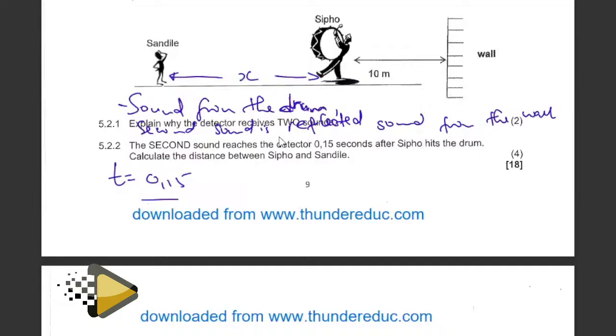So what we need to know is that the sound is going to move, and it's also going to move before it moves that side. So that is more like it travels 20 meters plus the additional, which is X. I don't know if that makes sense.